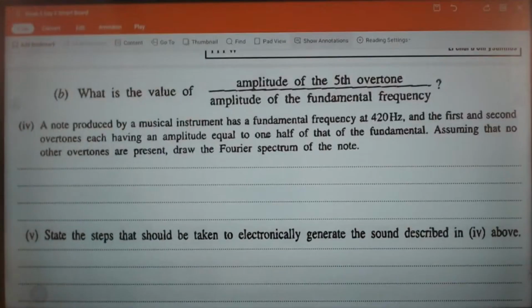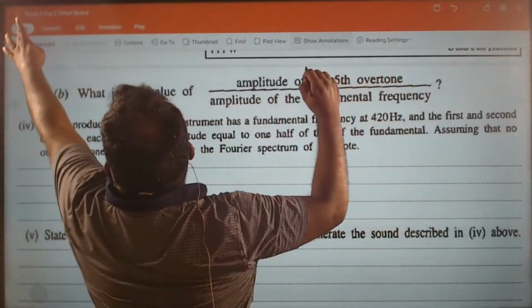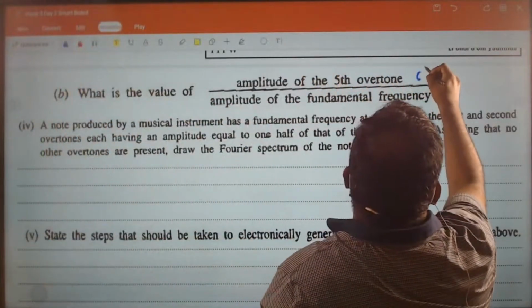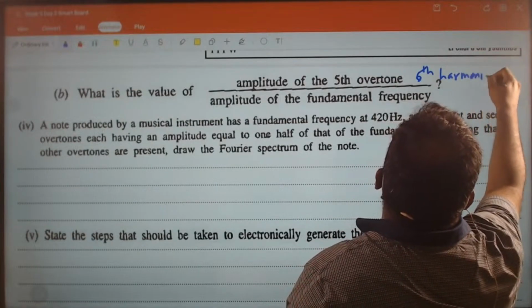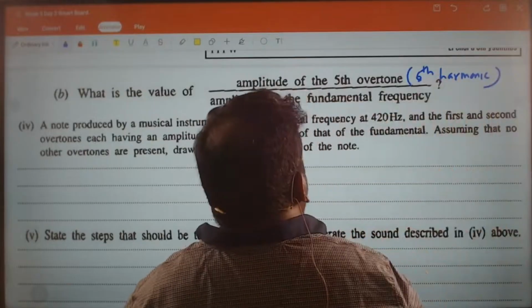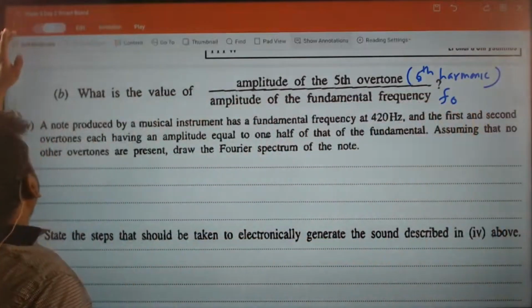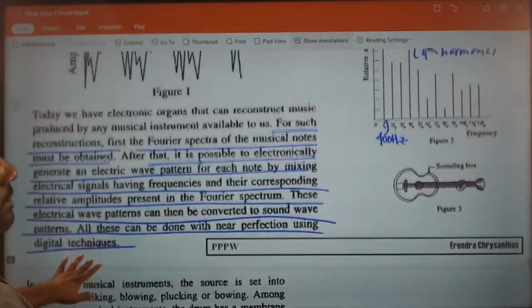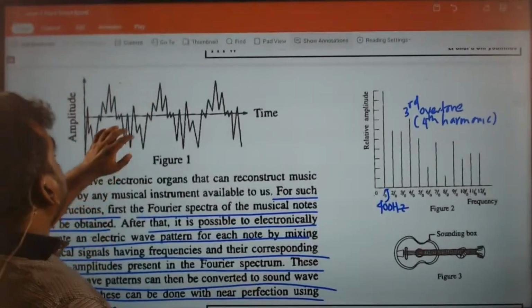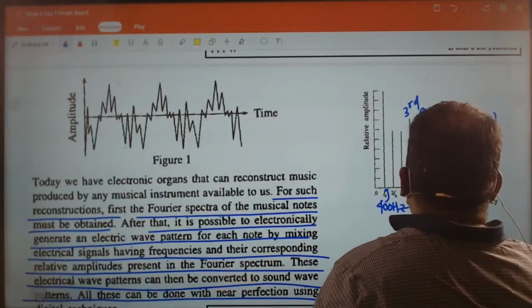What is the value of the amplitude of the fifth overtone? The fifth overtone is the sixth harmonic. Sixth harmonic, relative to the fundamental frequency F0. Go back. The sixth harmonic is 2, no?